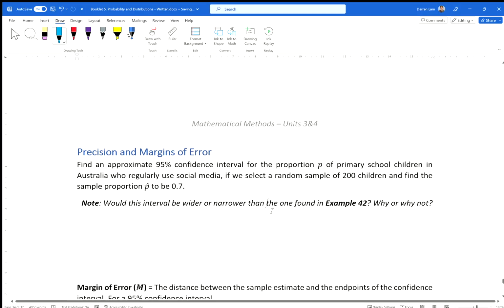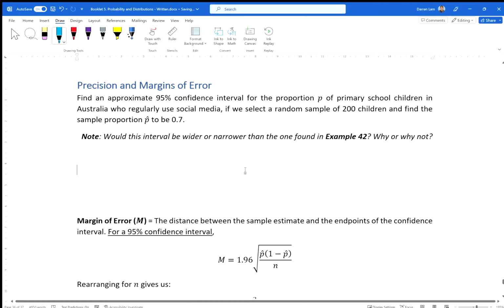What do you think will happen to our confidence interval? We're still keeping with 95%. What would happen to our confidence interval if we increase the sample size from 20 to 200? Is it going to be wider or is it going to be narrower? You don't need to answer me, just think about it. If we increase the sample size, will that result in a wider or a narrower confidence interval?